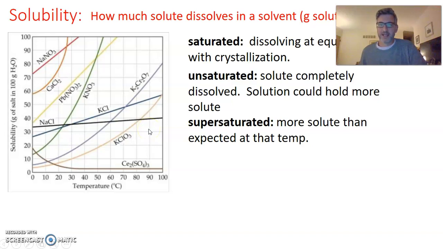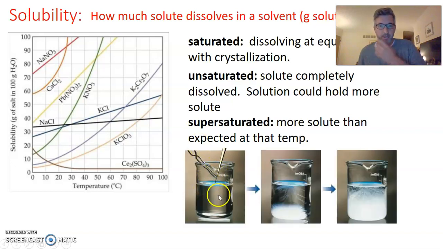The only way to get that is to heat up the solution and then let it cool. And if no crystals form, then those ions will just sort of stay in the aqueous state. And even though there's more than the normal threshold amount, which in this case would be 40 grams, the ions stay dissolved.